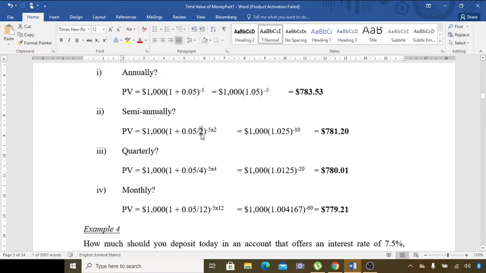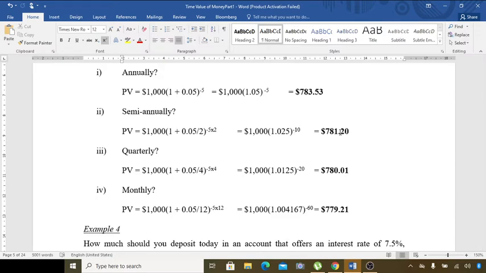For semi-annual, your m now becomes 2. So you plug in 2 here and 2 here, to the power of them. So it becomes 1,000 multiplied by 1.025 to the power of negative 10. It becomes 781.20. Notice that the amount is reducing. Why reducing?